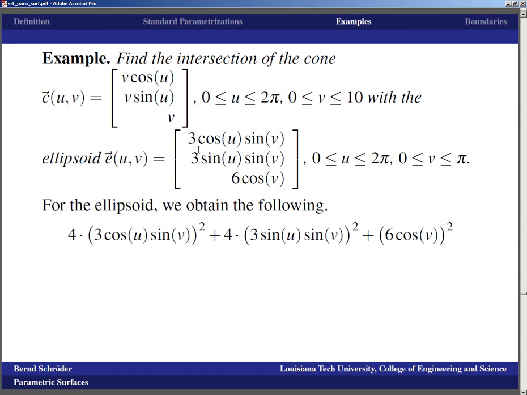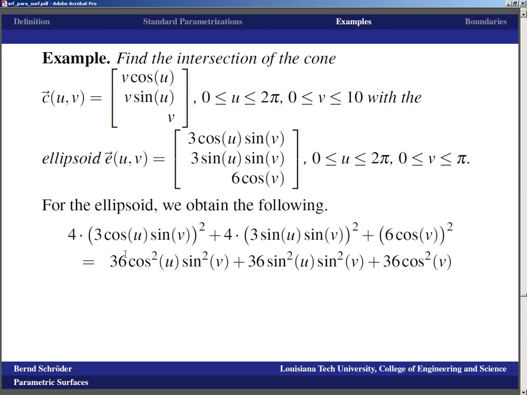So 9 times 4 is 36. So I probably want to have 4 times the x squared plus 4 times the y squared plus the z squared. And so that's exactly what I've set up here. And that's, of course, now 4 times 9 is 36, cosine squared u, sine squared v. 4 times 9 gives us 36, sine squared u, sine squared v. 6 squared is 36, cosine squared v.